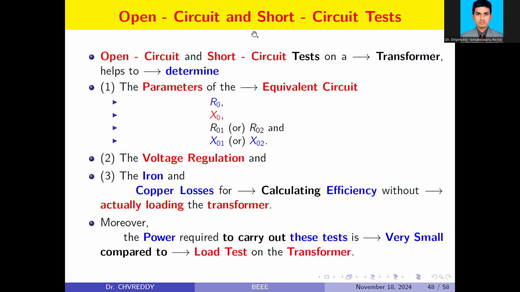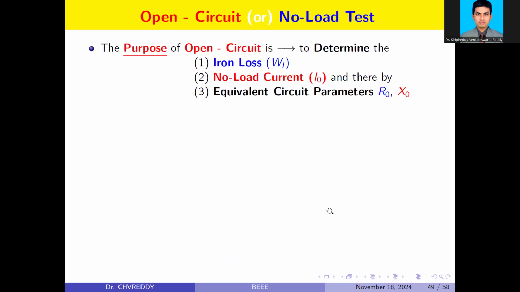The main purpose is to calculate the following parameters: the parameters of the equivalent circuit R0, X0, R01 or R02, X01 or X02; the second one is the voltage regulation; the third one is iron loss and copper loss. If you know the iron loss and copper loss, then we can calculate the efficiency of the transformer. We will see the first one, the open circuit test or no load test.